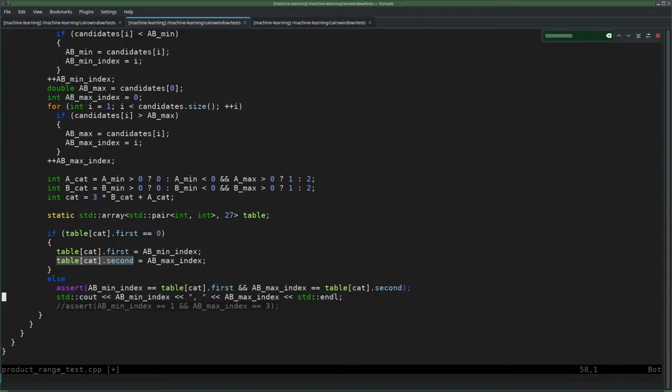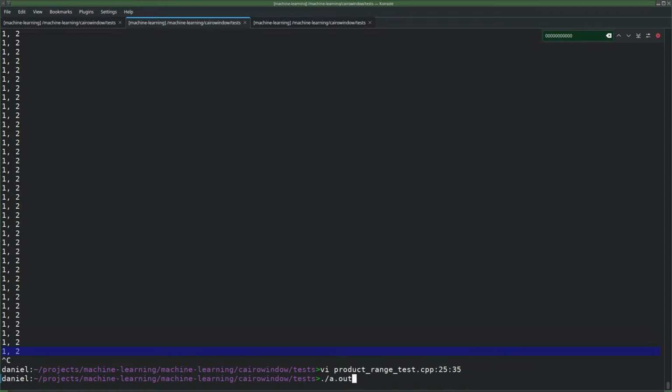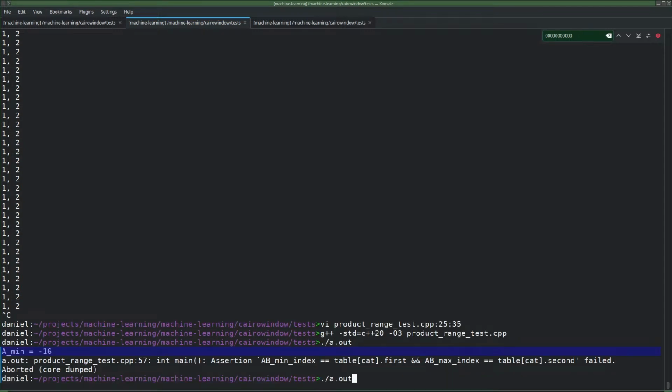In other words, this makes sure that if the category is known, then we also know what the min and max index is. They're always the same. Which then means that, let's first run it. Don't crash on me.